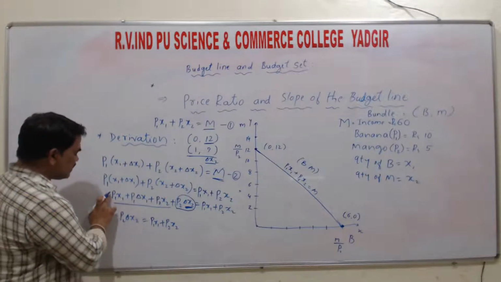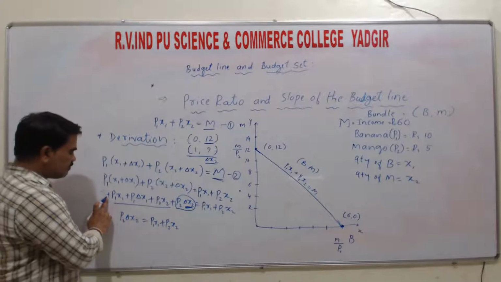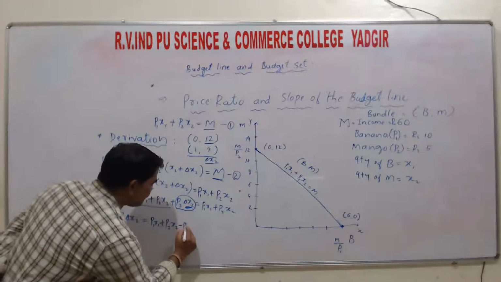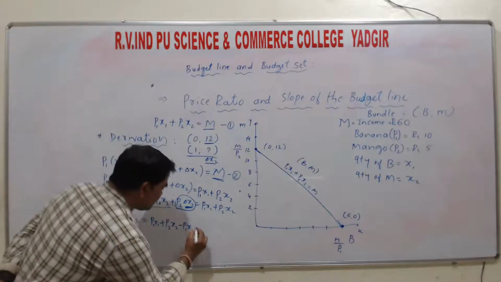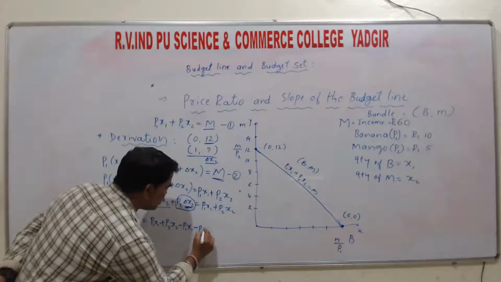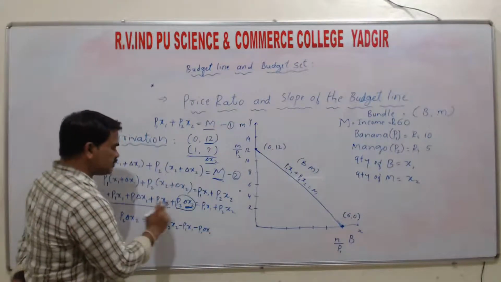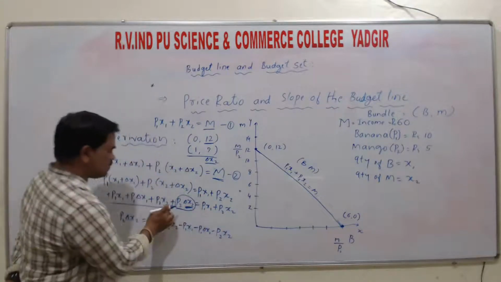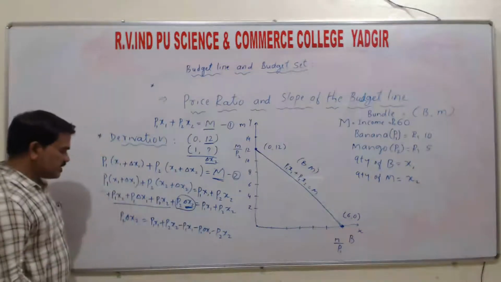Plus P1 x1, if nothing is there, it means plus, correct? So plus P1 x1 will become minus P1 x1, plus P1 change in the quantity becomes minus P1 delta x1, and plus P2 x2 is now minus P2 x2. And the rest of the things I kept here. So we have this now.